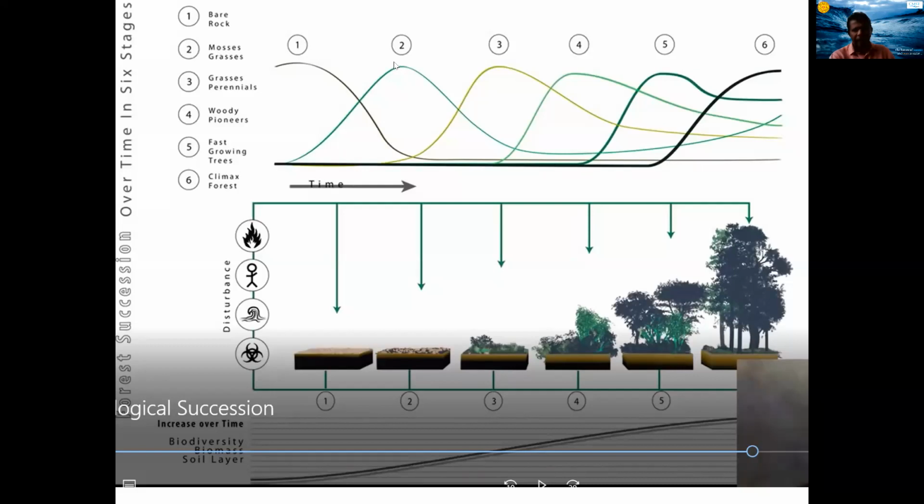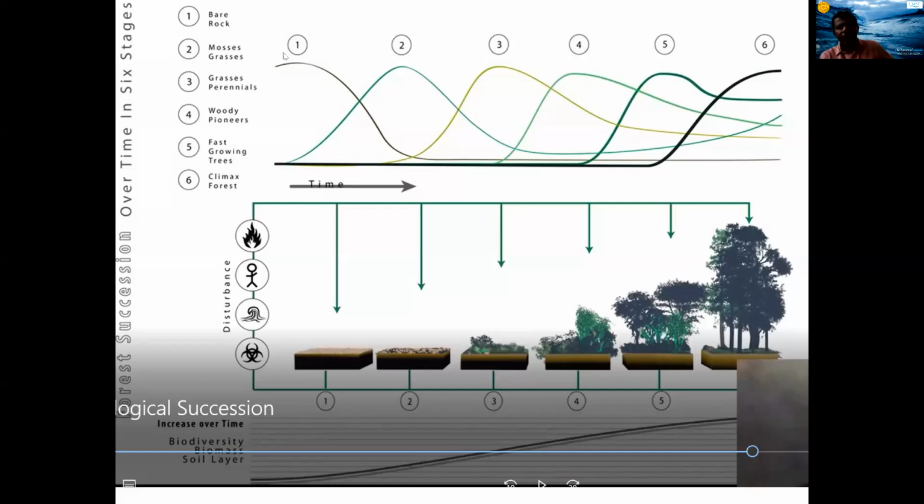They will increase in number, but eventually another community will develop, and with that the mosses will reduce in number. The third one is the grasses, and the woody plants will start growing and will replace the grasses. Likewise, you see how this happened over time.